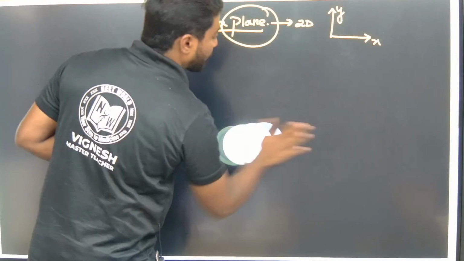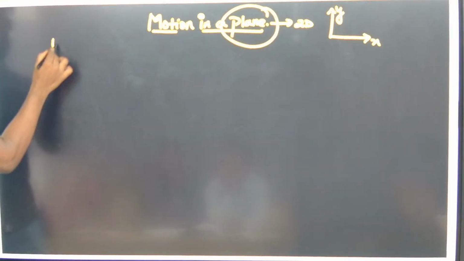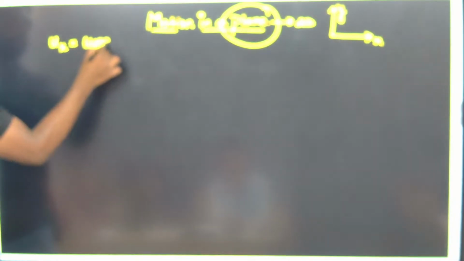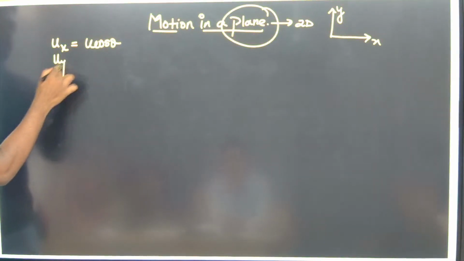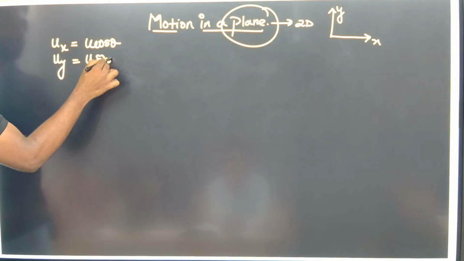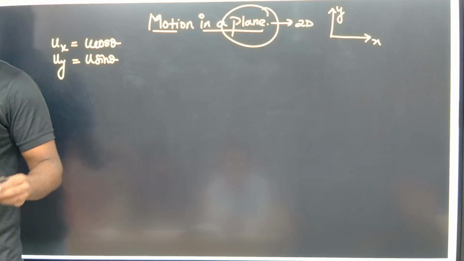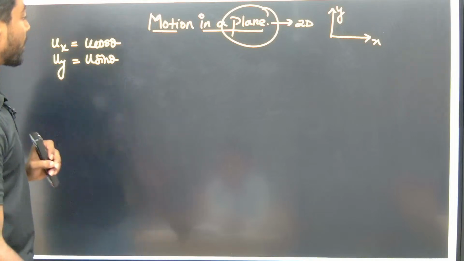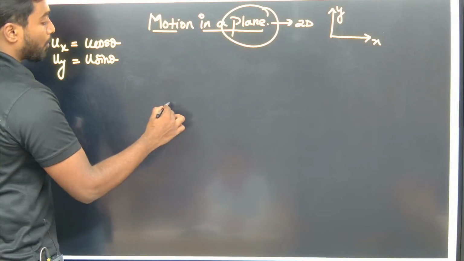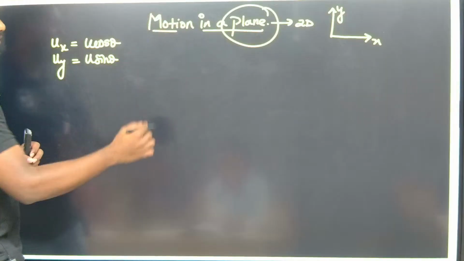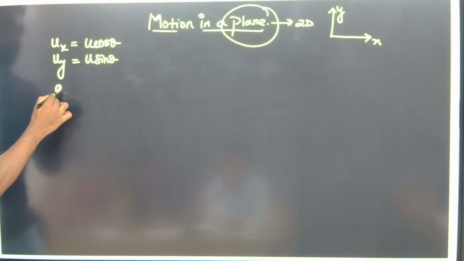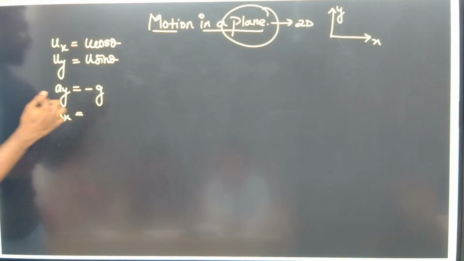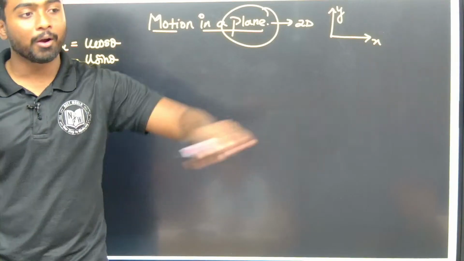So what have we got as of now? ux will be equal to u cos theta and uy will be equal to u sin theta, with respect to horizontal. I am throwing the object against gravity, so ay will be equal to minus g. What about ax? Is there any gravity acting in the horizontal direction?